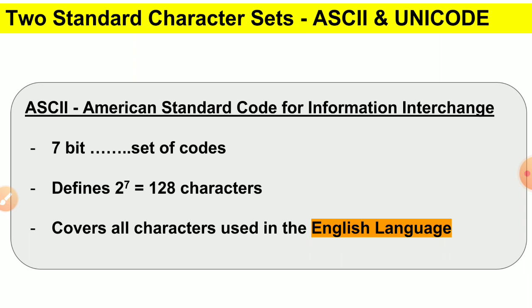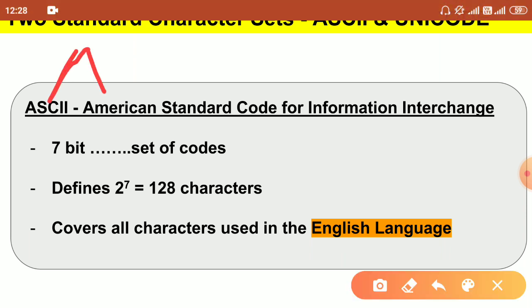Let's say I want to store letter A in the computer. I have written this letter A in Microsoft Word, let's say. So this letter A will not be understood by the computer as letter A. It will be understood as some number.